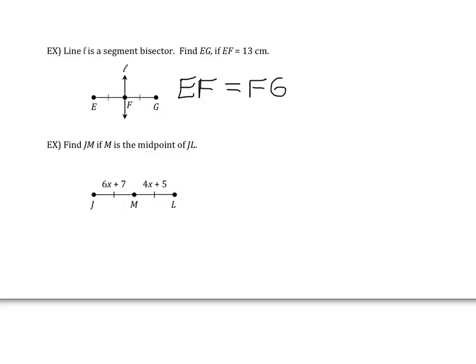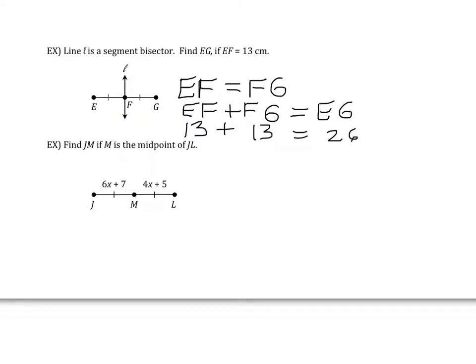If we know that EF is equal to 13, and EF equals FG, we can substitute 13 for EF, and we can substitute 13 for FG.